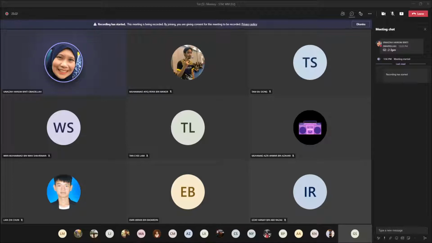Yep. So you guys have given examples of the two components of the phonological loop. What are they again? Phonological store and articulatory rehearsal component. Absolutely.